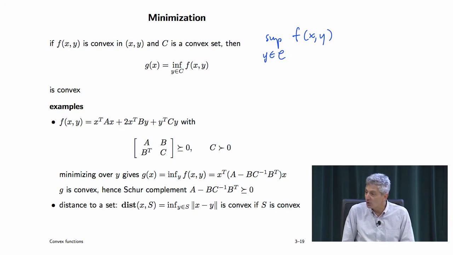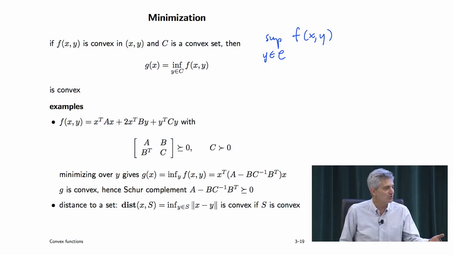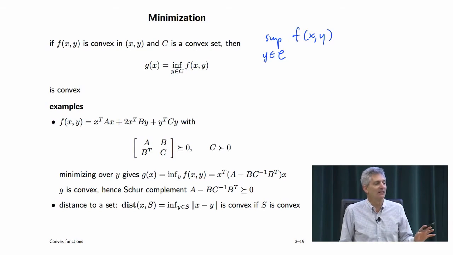So there's absolutely no requirement that the function be convex in x and y. And in fact, y here doesn't even have to be a vector. It could be some weird combinatorial thing. It could be over parse trees, or it doesn't really matter. It could be anything, right? So the supremum of an arbitrary family of convex functions is convex.